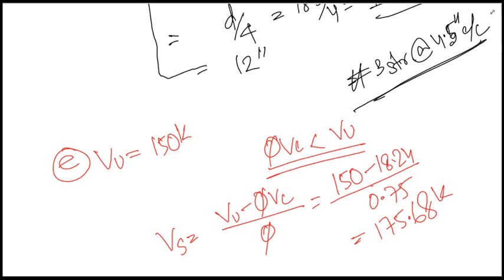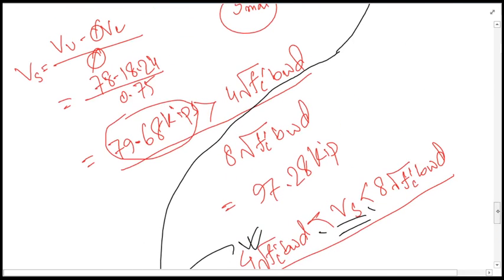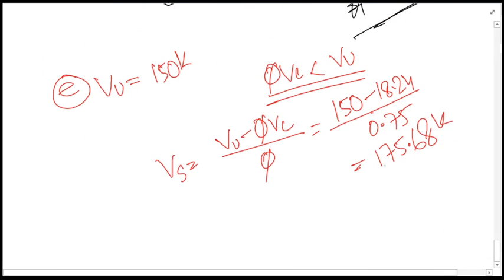And as we have calculated 8 root fc prime bwd as 97.28, it is well beyond that. So it is greater than 8 root fc prime bwd.